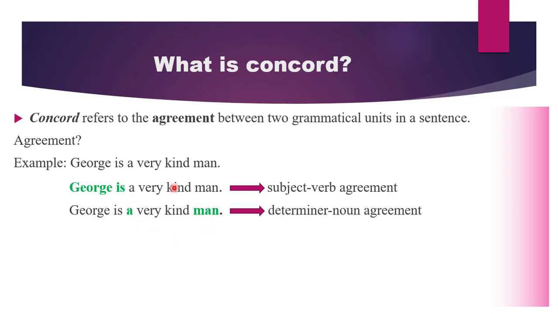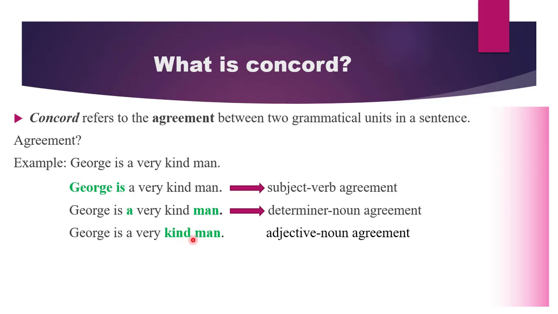We still see other kinds of agreements in this particular sentence. Let us look at this. George is a very kind man, and the emphasis is on kind man. Kind is an adjective, and it can only be used to modify nouns that are animate, particularly human nouns.